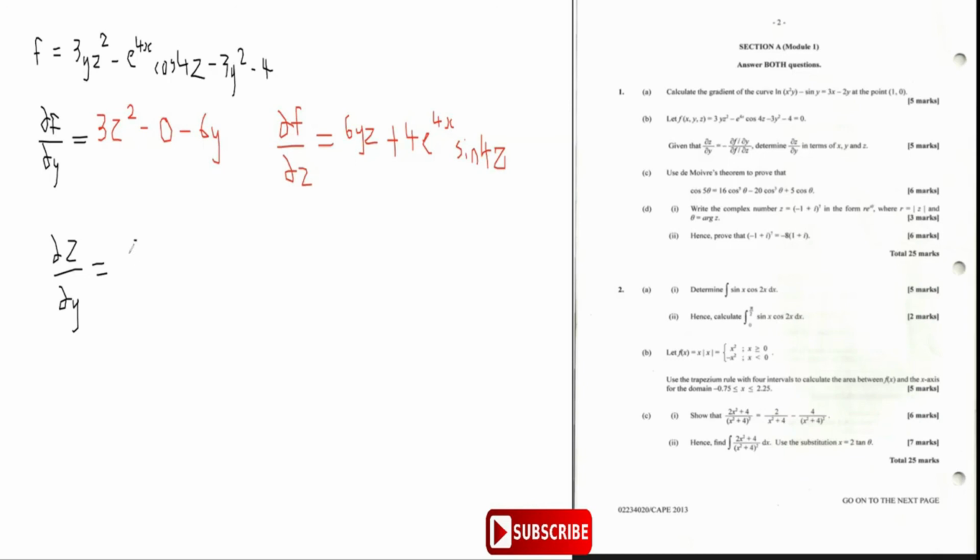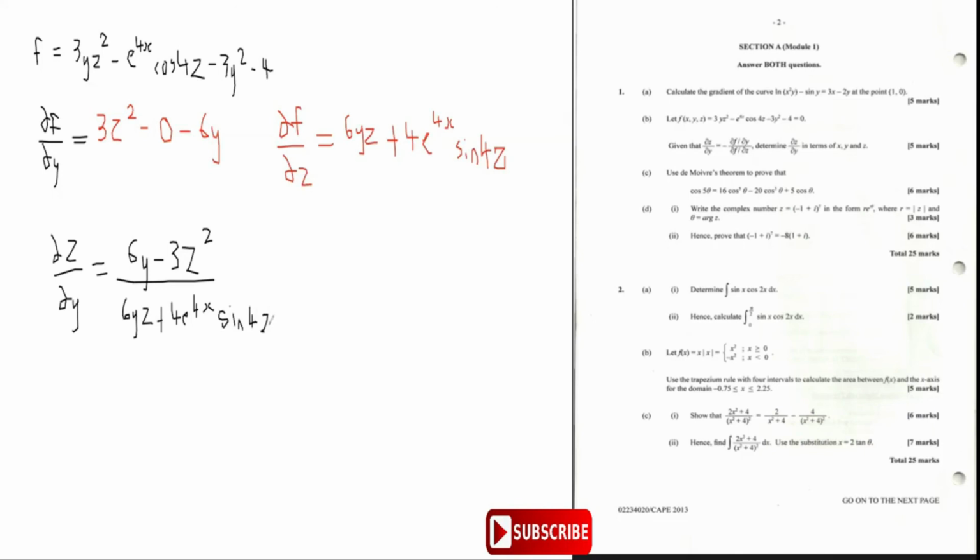Minus dou f by dou y is going to be 6y minus 3z squared, divided by dou f by dou z. Dou f by dou z is 6yz plus 4e to the 4x times the sine of 4z. That's dou z by dou y. Nice and easy.